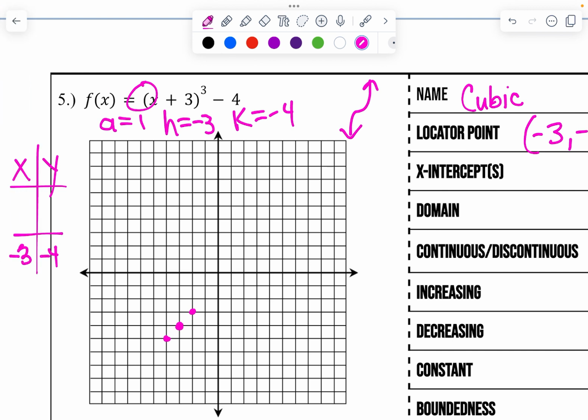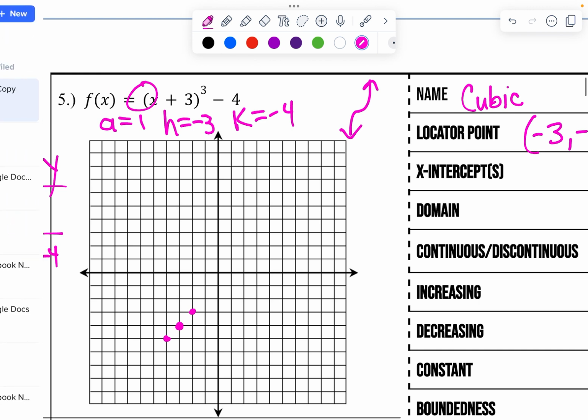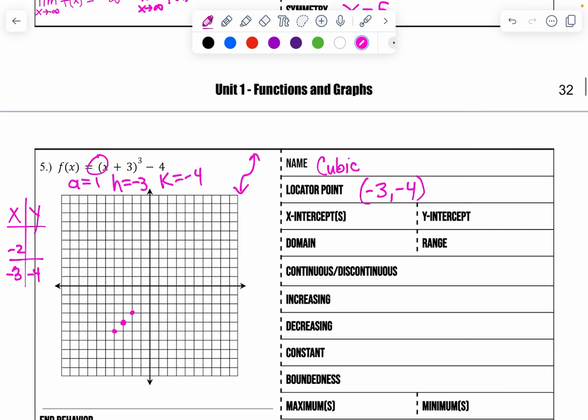So if you just try a couple of values before it, I'm going to plug in negative 1. If you plug negative 1 into the equation, negative 1 plus 3 gives us 2. If you cube 2, you get 8, minus 4 is 4. So we can plot negative 1, 4.